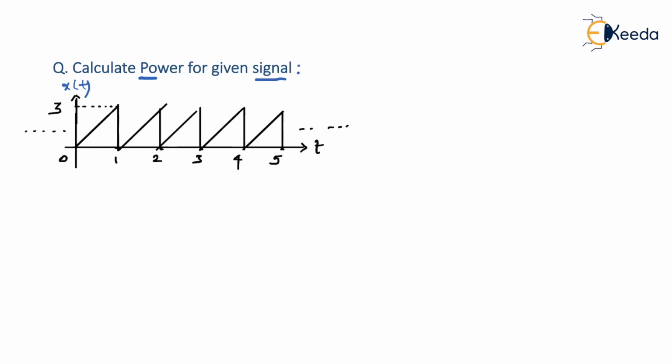And now mark my words that even periodic signals are power signals. I repeat, even periodic signals are always power signals. So you can just note that. Secondly, you don't have to use the conventional formula for power that we use for other signals.